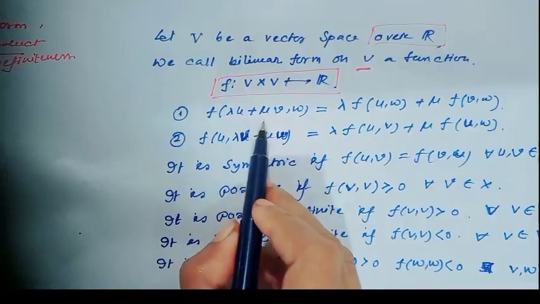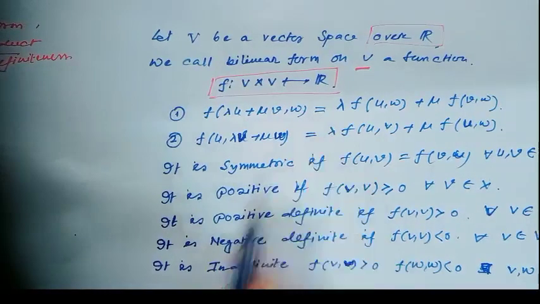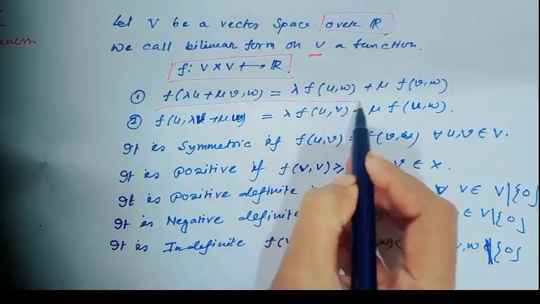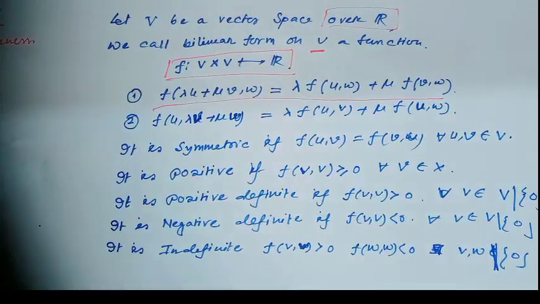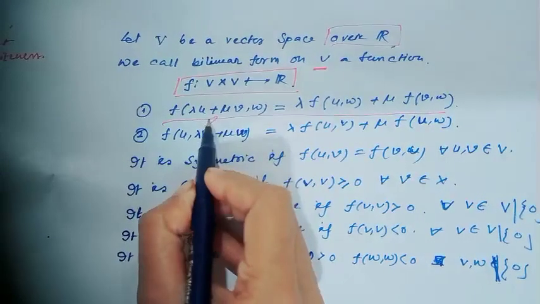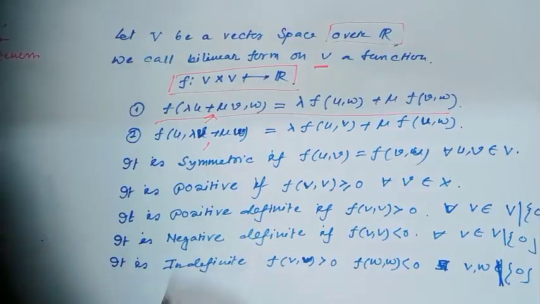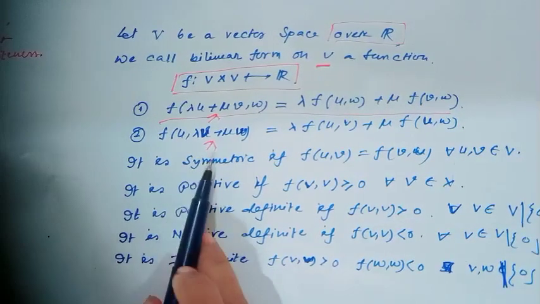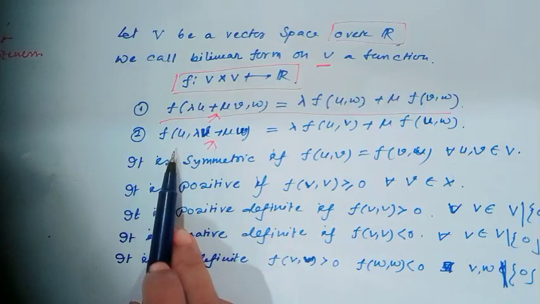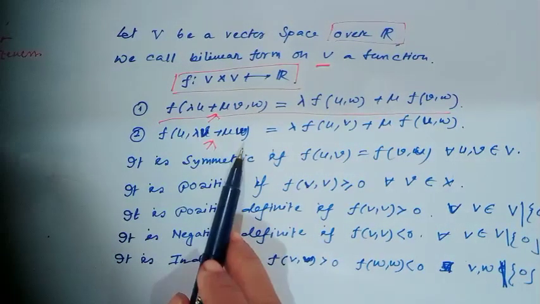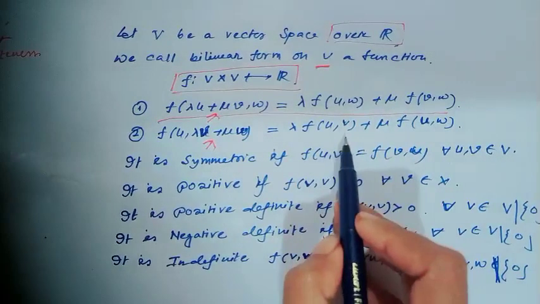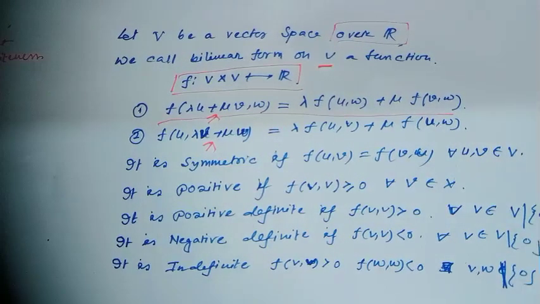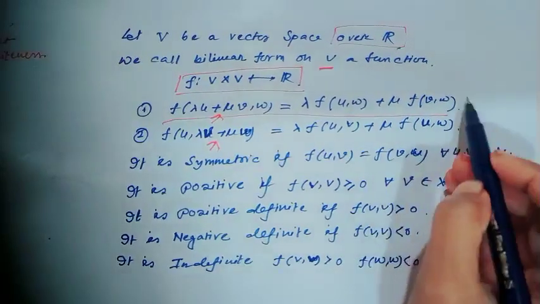That means f of lambda u plus mu v comma w equals lambda times f of u comma w plus mu times f of v comma w. This is linear in the first component. Also it is linear with respect to the second component: f of u comma lambda v plus mu w equals lambda times f of u comma v plus mu times f of u comma w. This is the idea of the bilinear form.